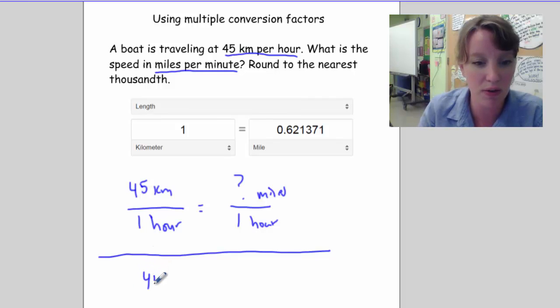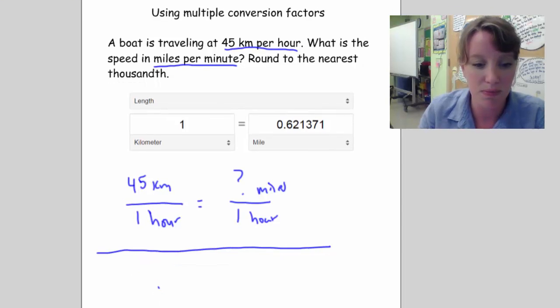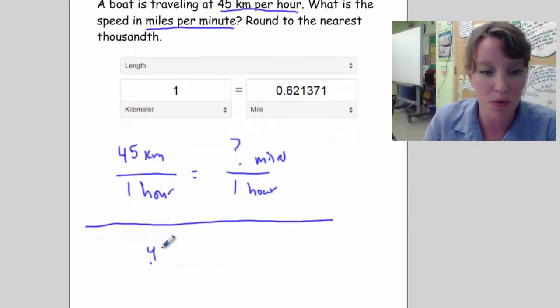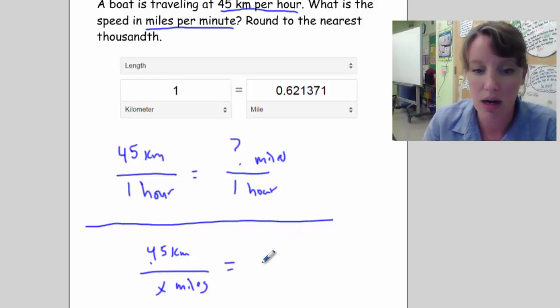So 45 kilometers is to X miles as, let's see, I would want to do 1 kilometer is to 0.621371 miles.